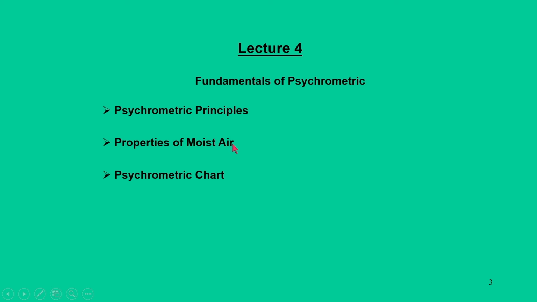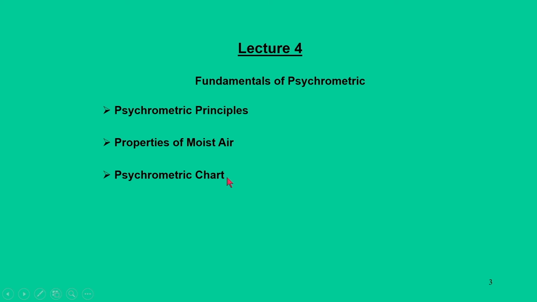So, till this point of time, when you talk about air, we only talk about dry air, but whenever you are dealing with psychrometrics, then you must deal with moist air, and we have to evaluate its properties to address all the thermodynamic fundamentals. Then we will move on to psychrometric charts.